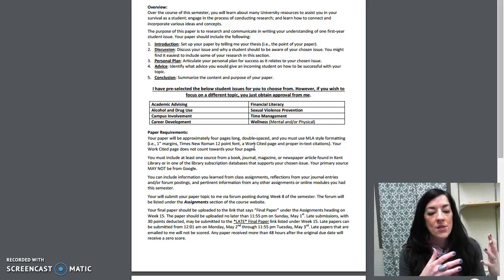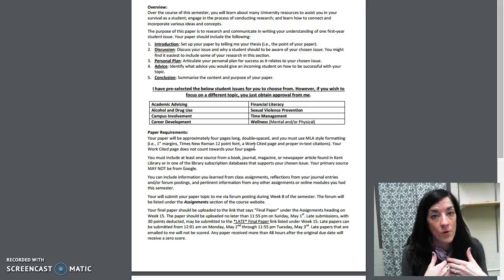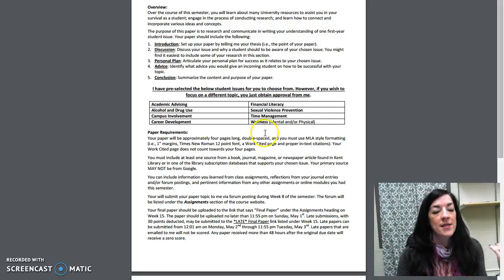Now, if you look at this list and you think, I don't really want to study that, I'd like to focus on another issue, you need to get approval from me before you move forward with that. The reason that you need to do that is that I have pre-selected these because I know that there's lots of great credible research out there that you will be able to find for these sources.